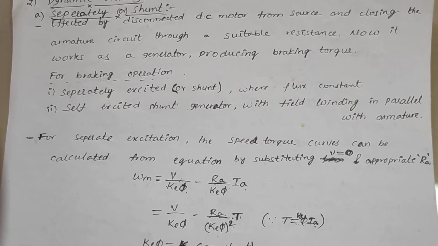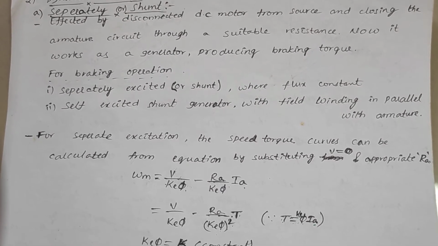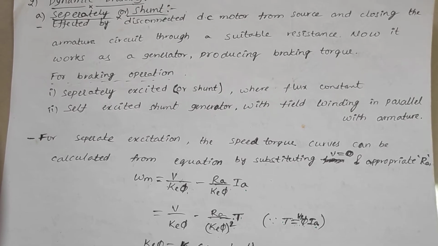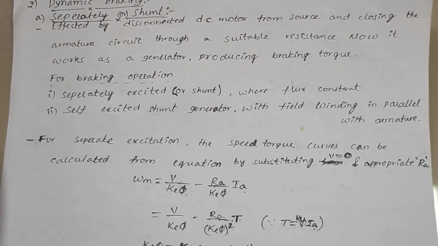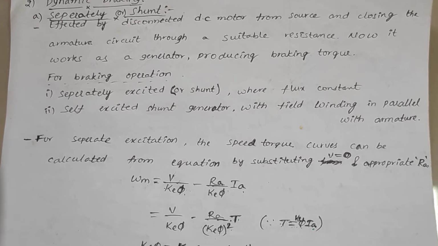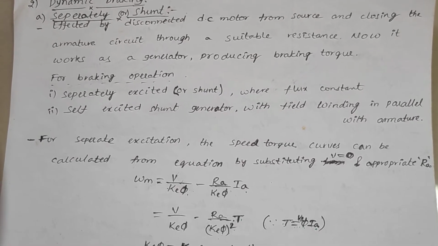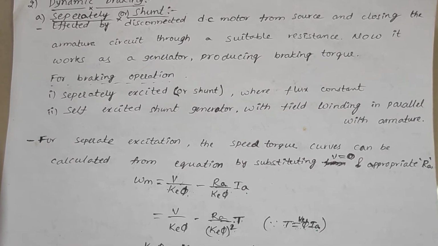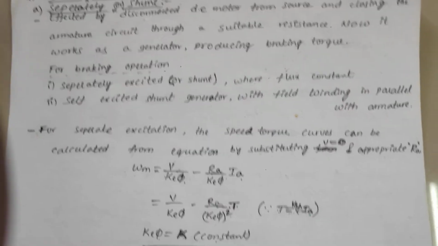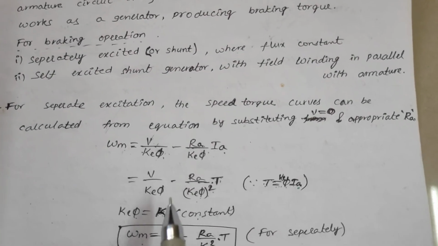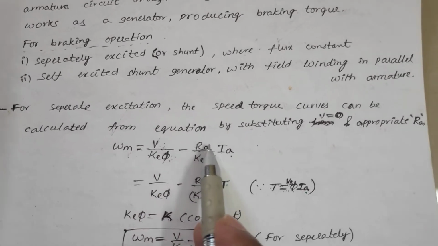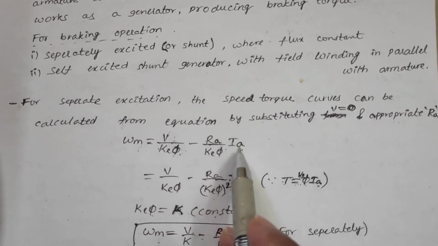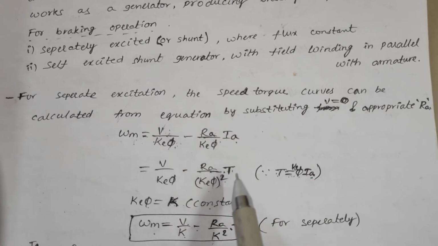So for separately excited motor or shunt motor, the speed torque curves can be calculated by using the fundamental speed equation that we have derived in the previous sessions. What is the speed equation here? Omega m is equal to V by Ke phi minus Ra by Ke phi into Ia. So this is the speed equation.